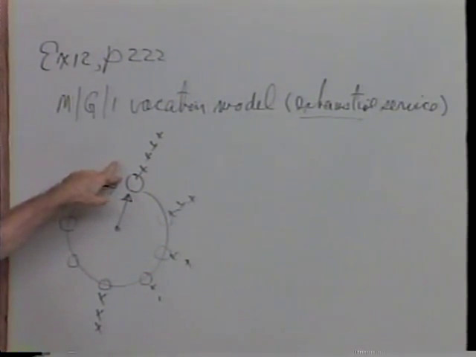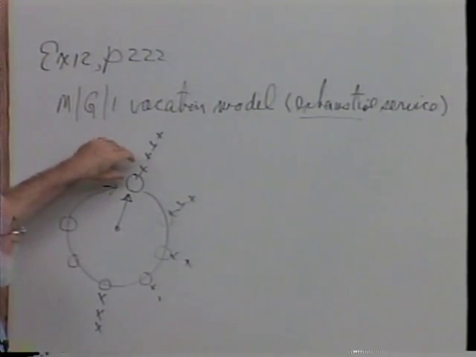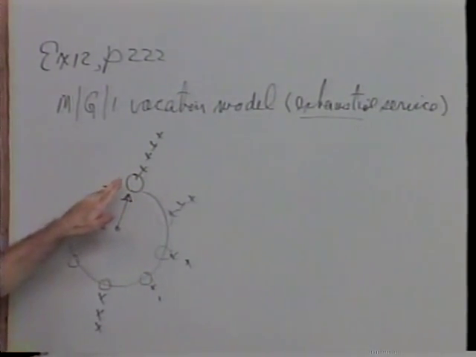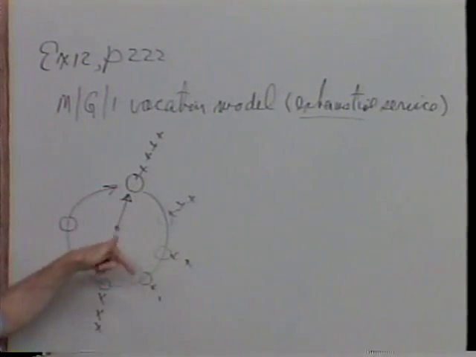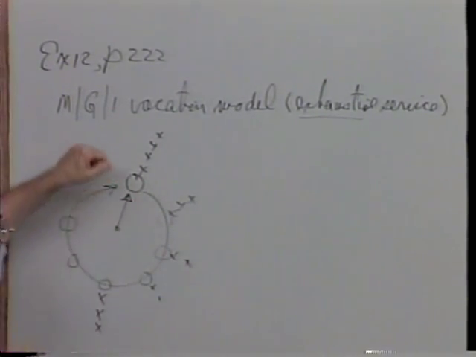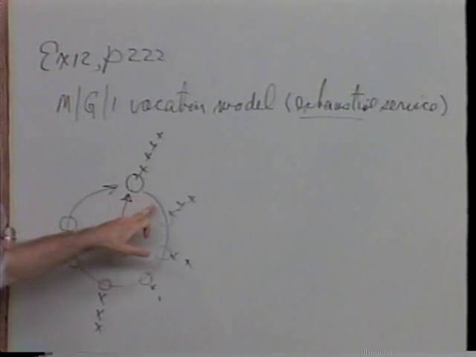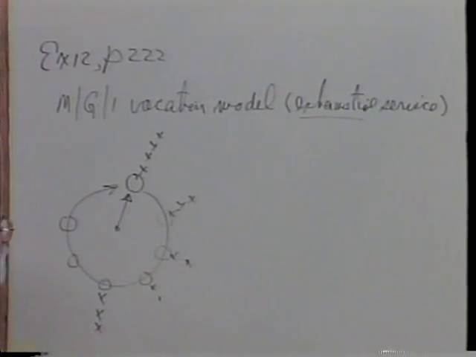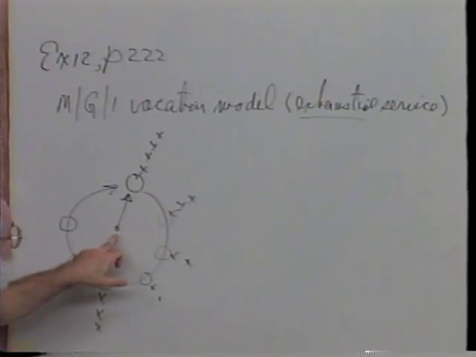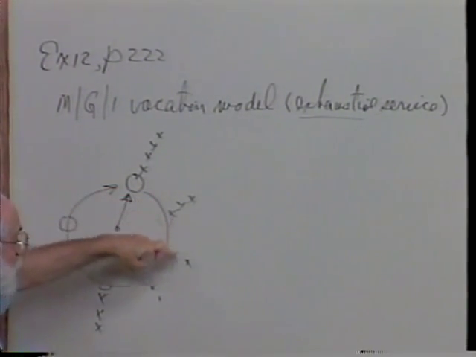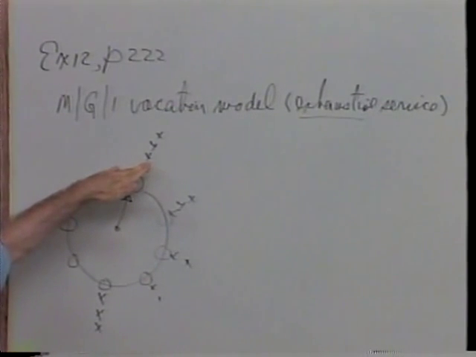So the strategy is to analyze the performance of this queue in terms of the vacation, and then to figure out what the vacation is. When you analyze this in the polling model, the way you specify the length of the vacation is you write equations that determine the generating function of the number of customers waiting here after you return from a vacation.